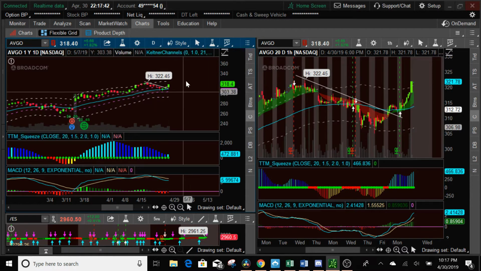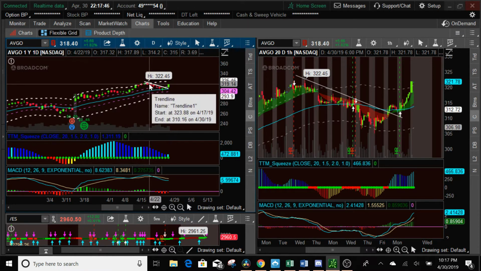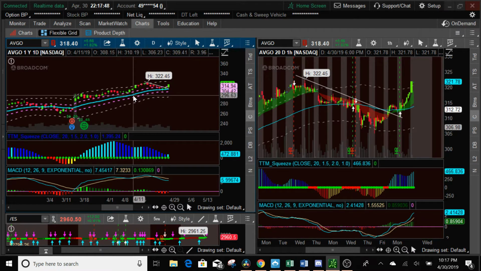What this does is it shows me where the stock is in reference to that 21 EMA average line. Typically where I want to buy is somewhere in between these purple lines, or within 1 ATR of the 21 EMA.